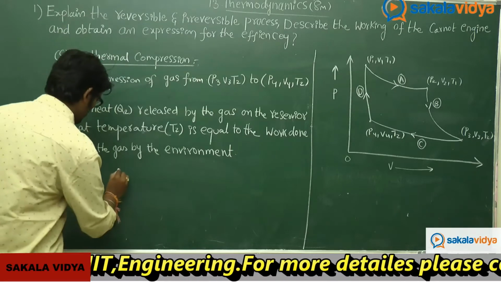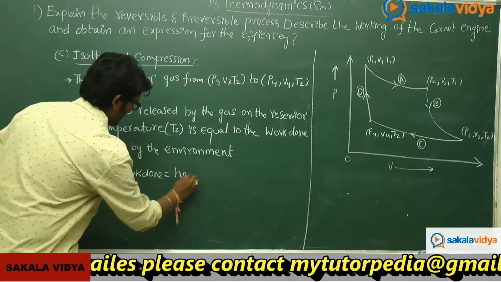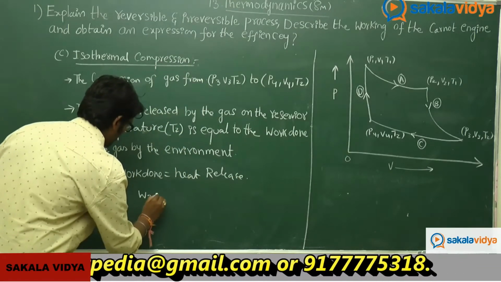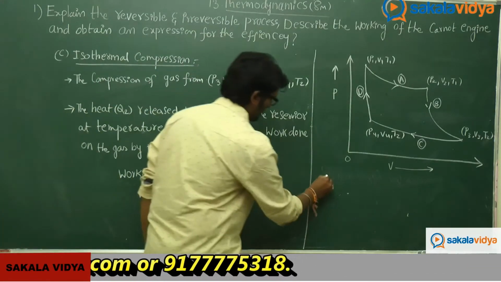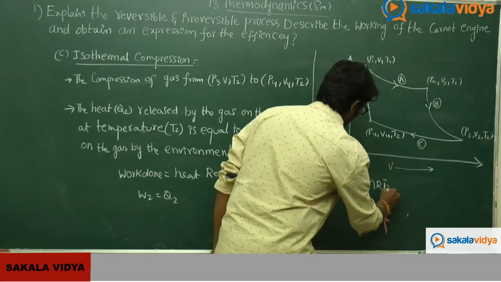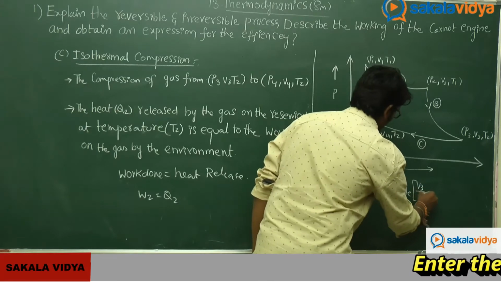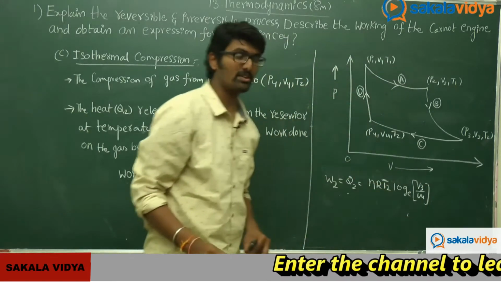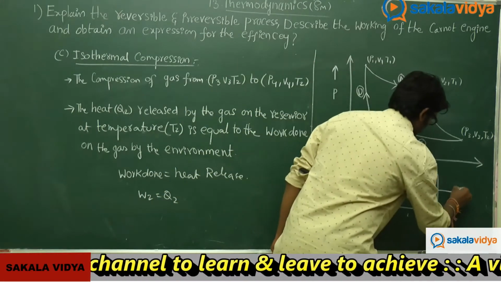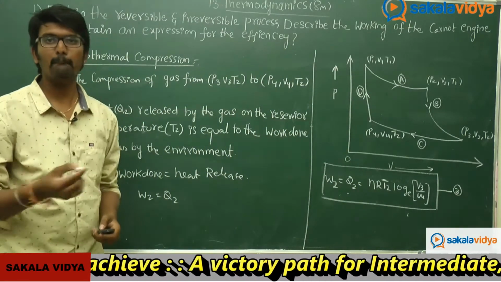So work done is equal to heat released, which means W2 is equal to Q2, which is nRT2 log e of V3 by V4. Let us call this equation 3. In this case heat is released, so this condition is isothermal compression.